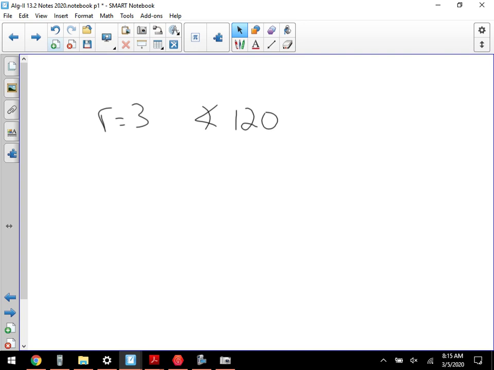When you're switching from degrees to radians, divide by 180 and slap a pi next to it. So the arc length: central angle over 180, slap a pi next to it, multiply it by your radius. From here, it's simplifying fractions.